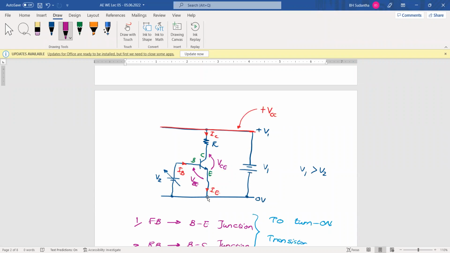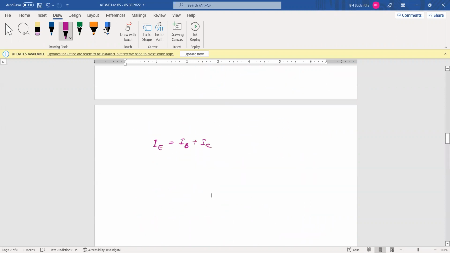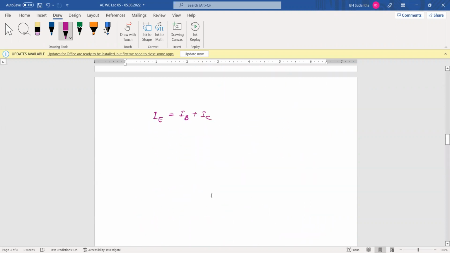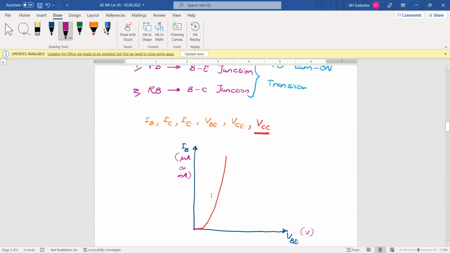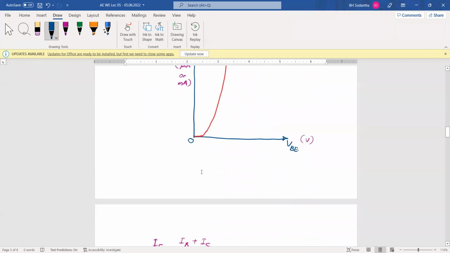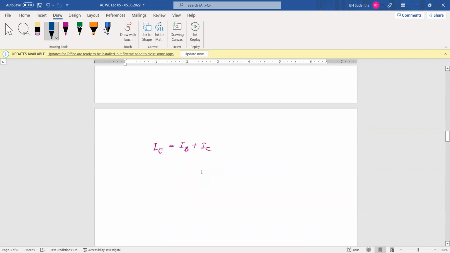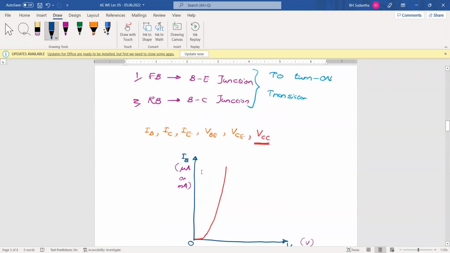Based on that relationship, we can write IE equals IB plus IC. Still, we haven't discussed anything new. So far, we have discussed all the things we know.